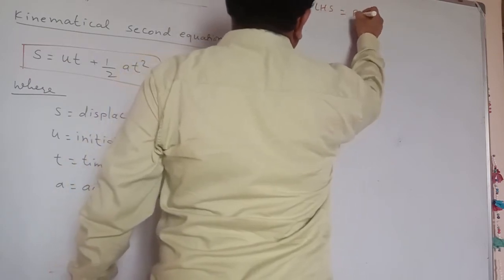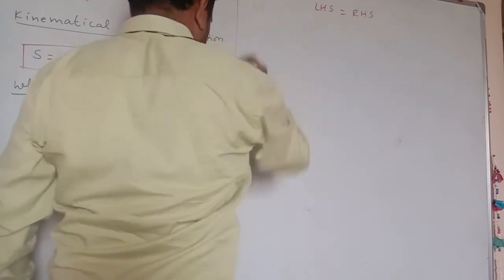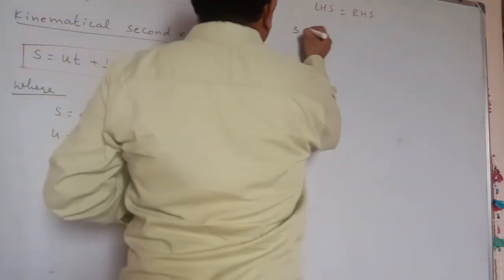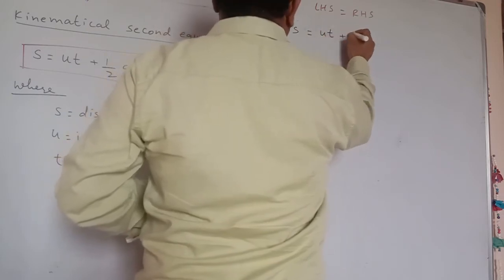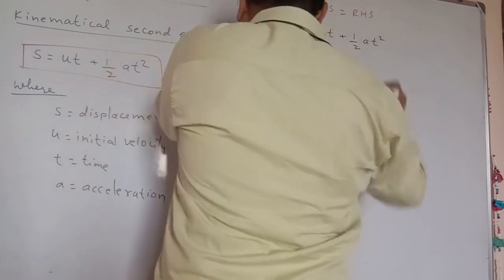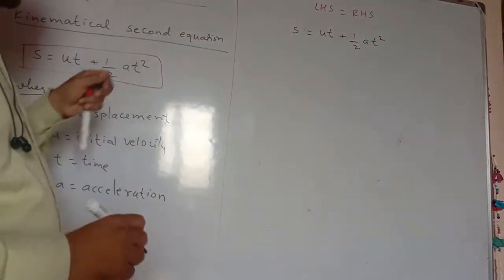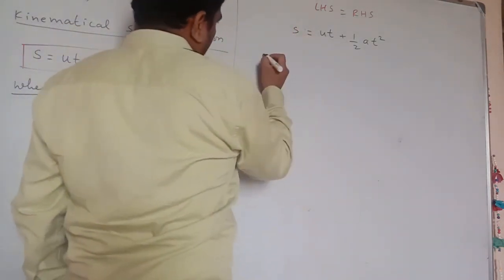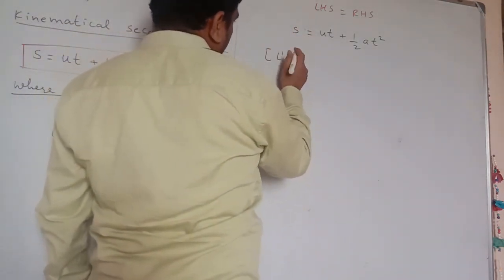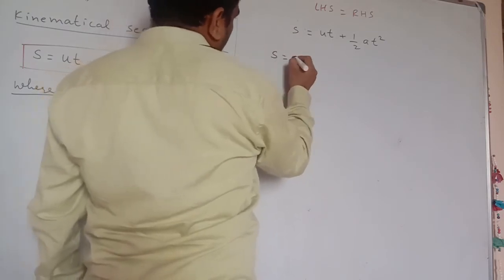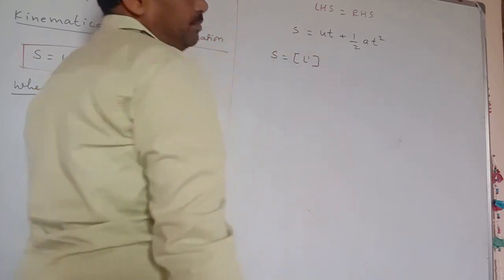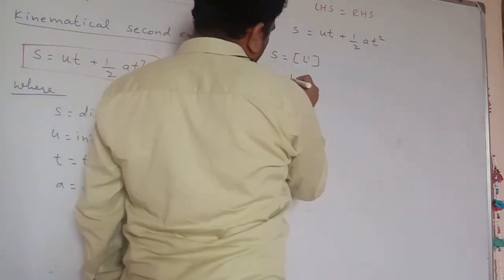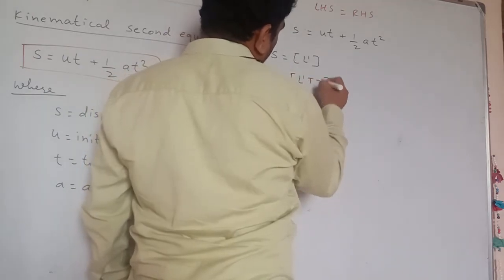On the left hand side there is displacement S, equal to the right hand side ut plus 1 by 2 at square. So put all the dimensions of these given quantities. For displacement, the dimension of S is L1, because displacement is a length.